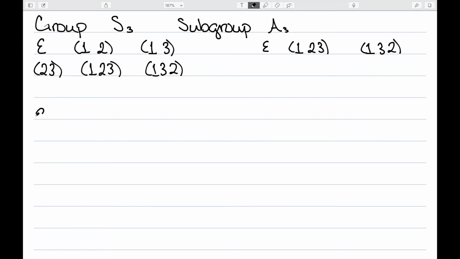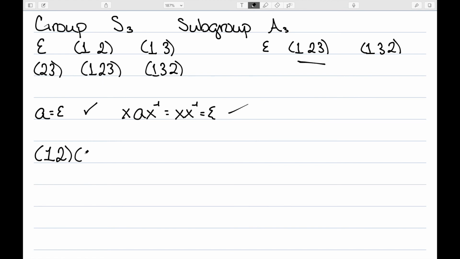So if I let my element A be equal to the identity, then yes, this is obviously going to work, since anything times the identity is itself, X times the identity would be X, and then X X inverse would still be the identity, which is still in my subgroup A3. And I'm not going to show all of these, but I do want to show a few of them. Let's start with (1 2). For my element X, I'm going to let A be my element (1 2 3).